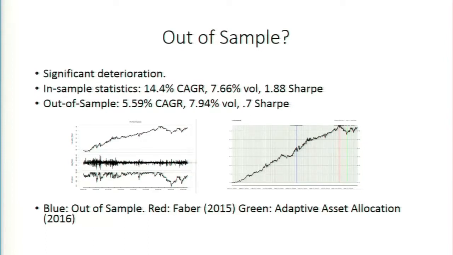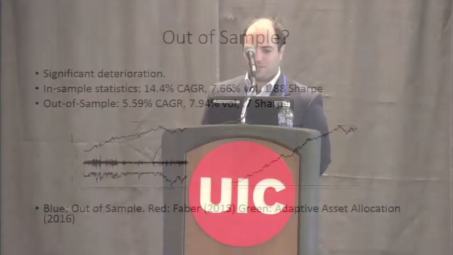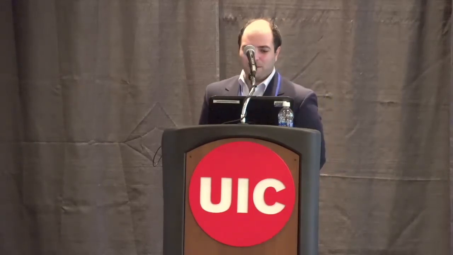So there are 3 lines here on the right picture. The blue one is separating in-sample from out-of-sample. The red one is when Meb Faber actually published his global asset allocation ebook. And after that, it takes its historically largest drawdown ever. And then the green line, which isn't very visible, is at the trough of that first part of that W, which is when adaptive asset allocation was published by Resolve Asset Management.